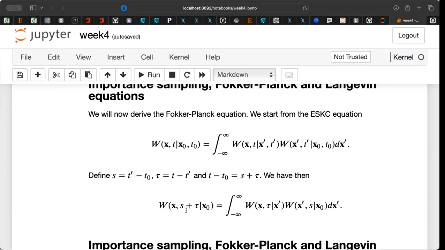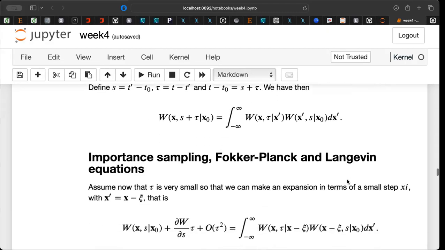This is just a rewrite of the equations, in terms of these two variables, and then we have a dx prime integration here. So this is nothing but the Einstein-Smoluchowski-Kolmogorov-Chapman equation.